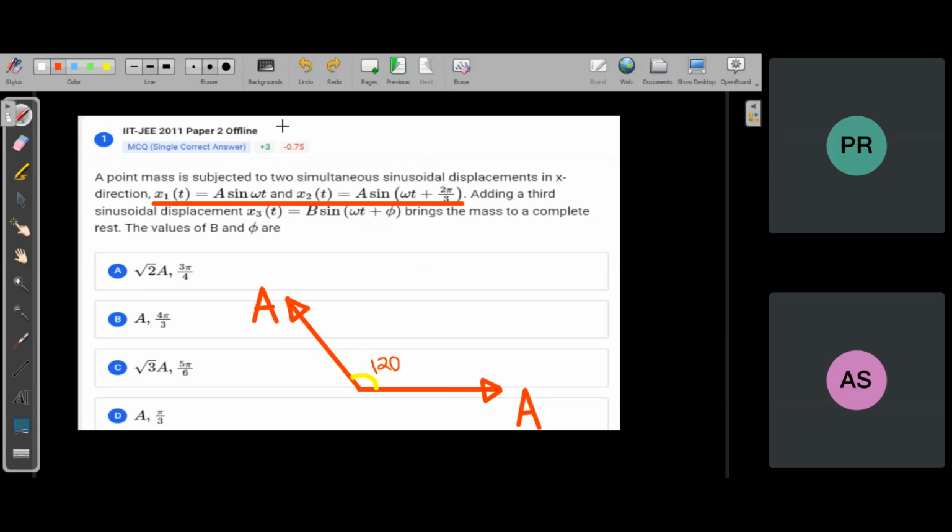Superposition means that suppose on a particle a single restoring force is acting, so it will do an SHM. But if two restoring forces are acting, then the resulting motion will be a superposition of these two. We can say that this is the resultant of these two.